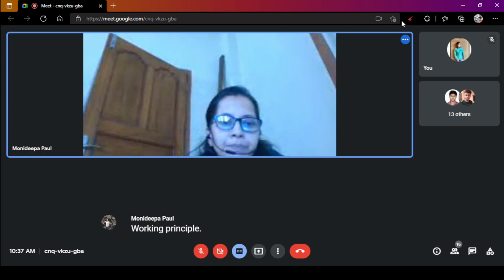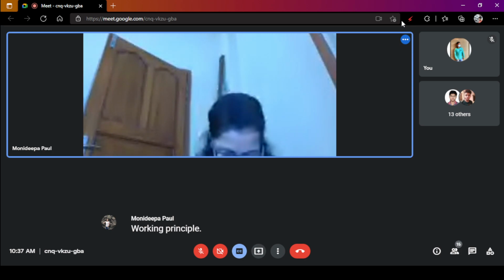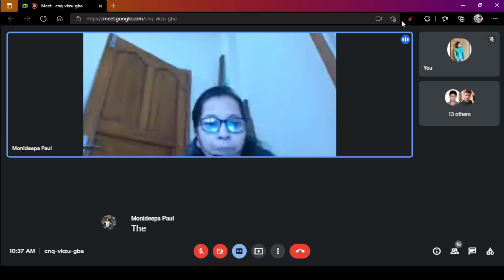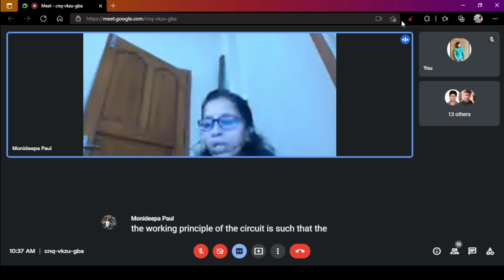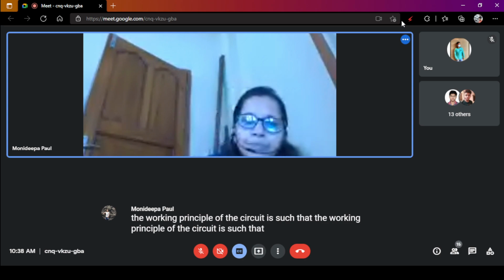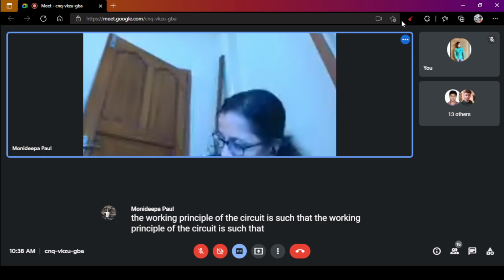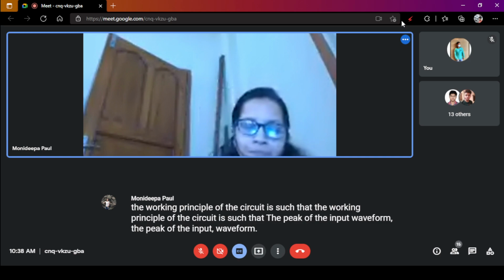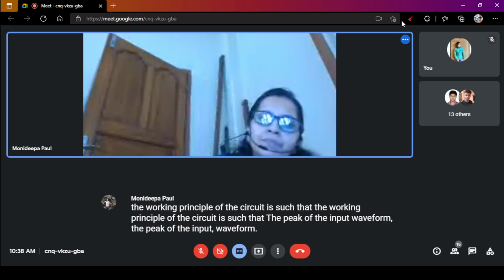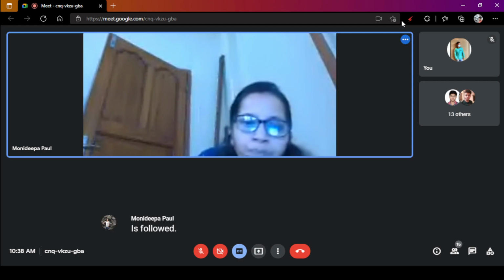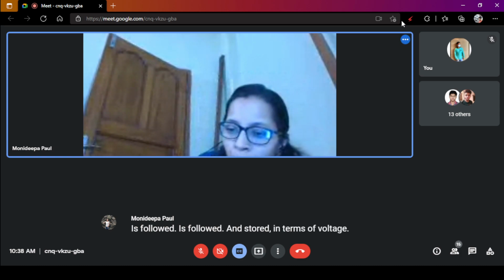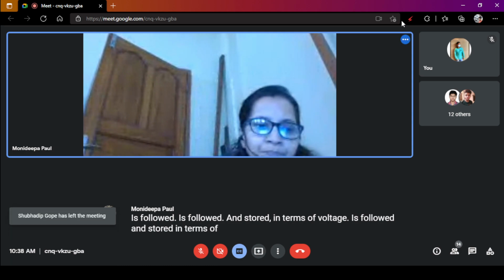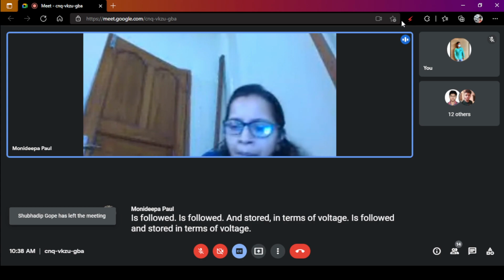Working principle. The working principle of the circuit is such that the peak of the input waveform is followed and stored in terms of voltage in the capacitor.